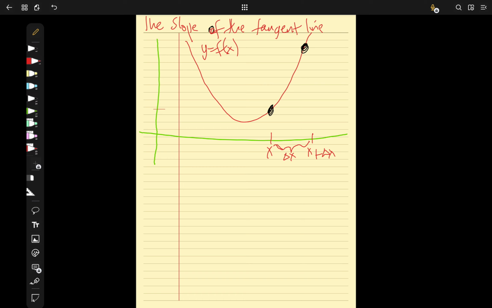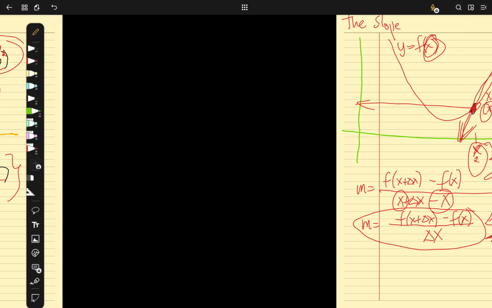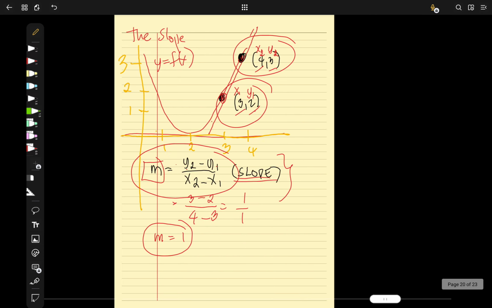We have no other point to serve as a basis to directly apply this formula. We need a second point. Here, we only have one point. Okay? But this part can now be answered by calculus.